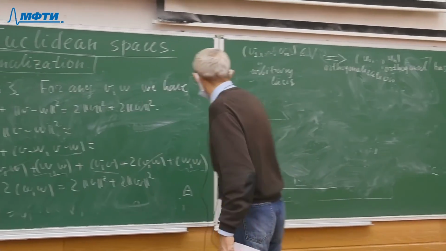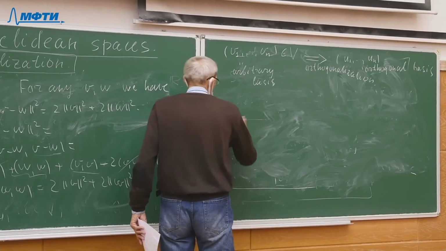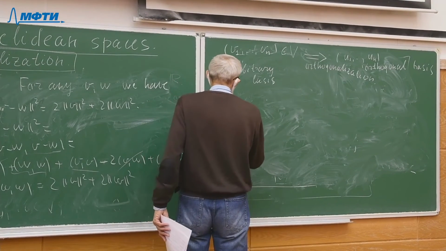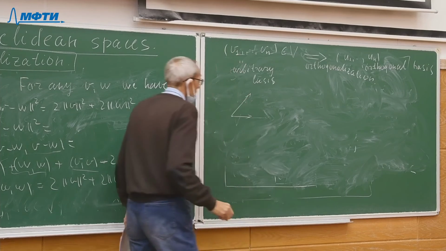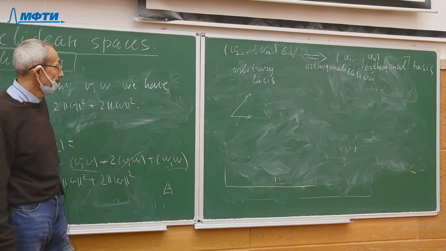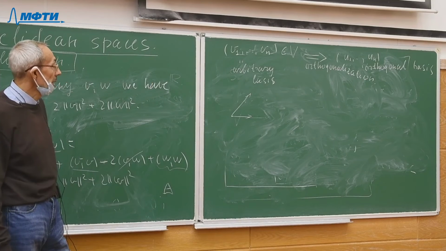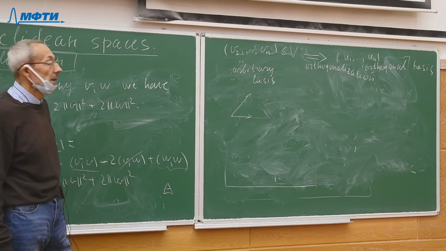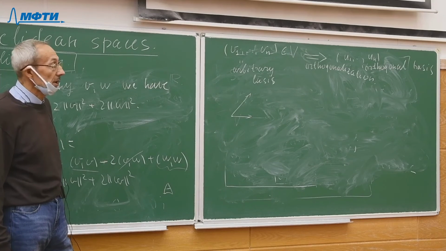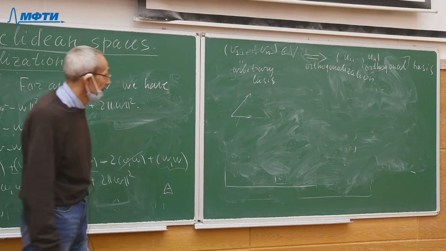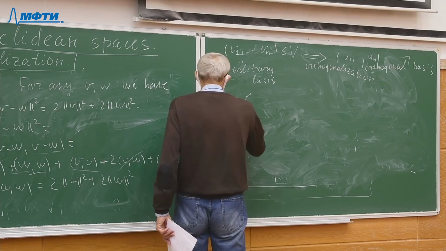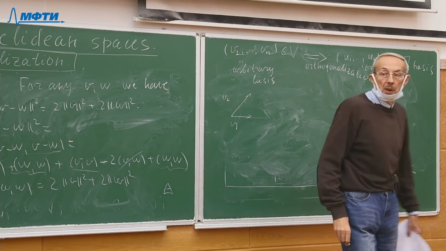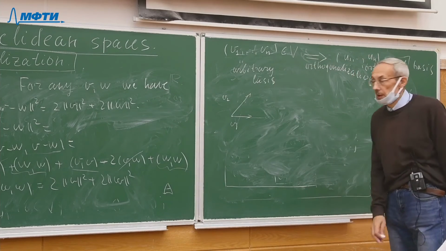What's the idea of this procedure? First of all, we suppose that we have a basis of the two-dimensional vector space, and let we have v1, v2, some arbitrary basis.